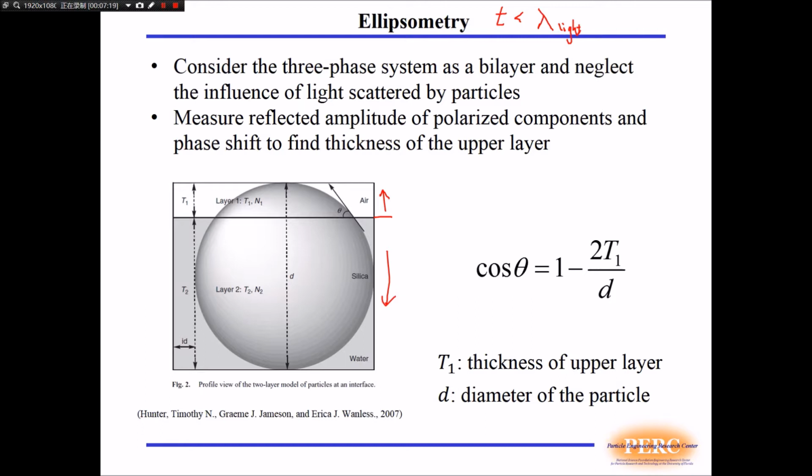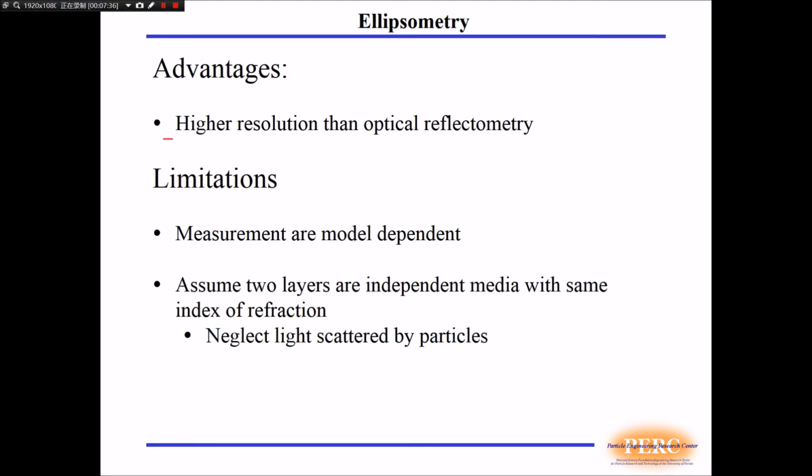Ellipsometry is used to measure the reflected amplitude of polarization and phase shift to find the thickness of the upper layer. The equation on the lower right shows the relationship between contact angle and thickness of the upper layer with known particle diameter. Ellipsometry has much higher resolution than normal reflectometry.